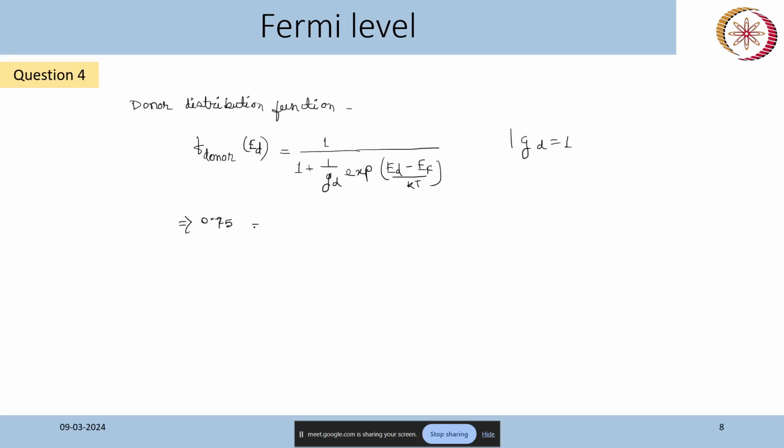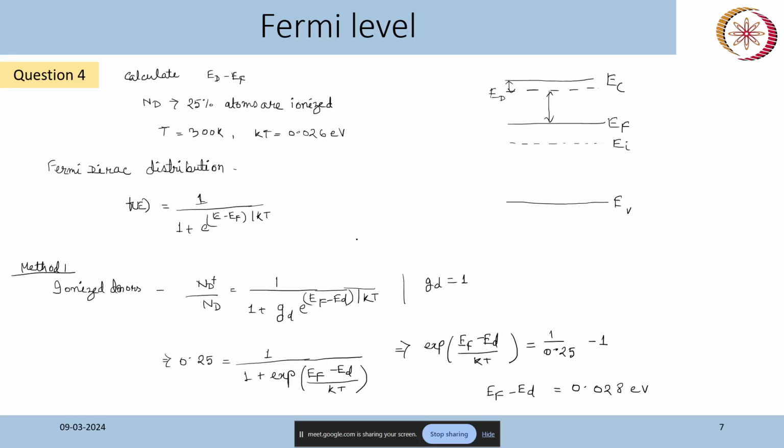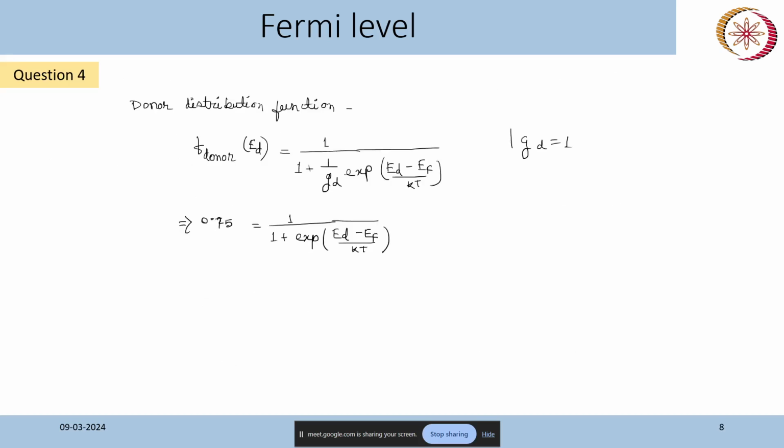Okay, and 1 plus exponential ED minus EF by KT. We can solve this equation to get ED minus EF. So here we are calculating EF minus ED, so this should come as the negative of the previous answer, so that we are actually getting the correct answer.